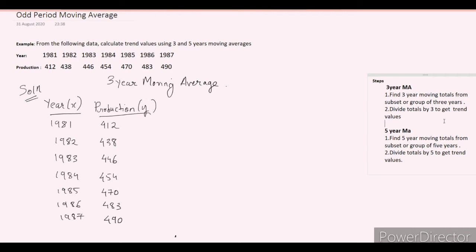Here we are given the following data for these years. Your time value is nothing but your X value, and your time series value, which is production here, is your Y value. So your next column will be your 3-year moving total.